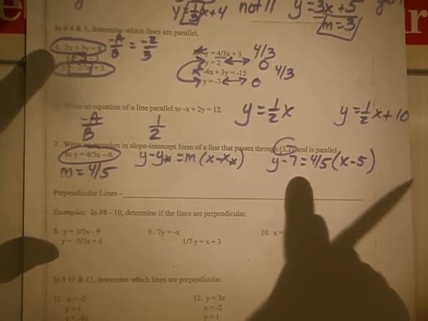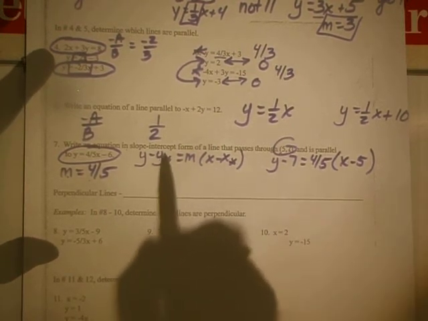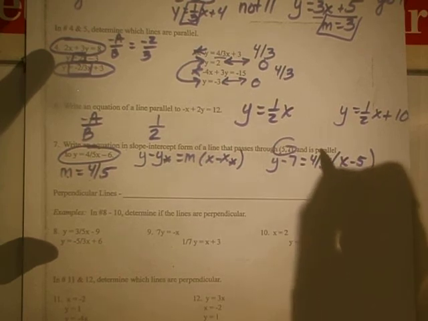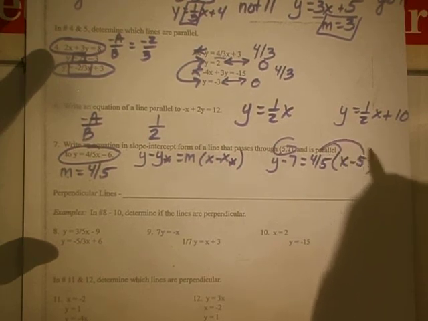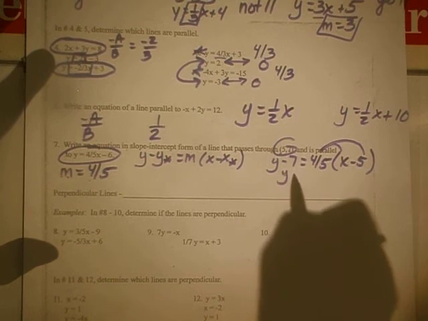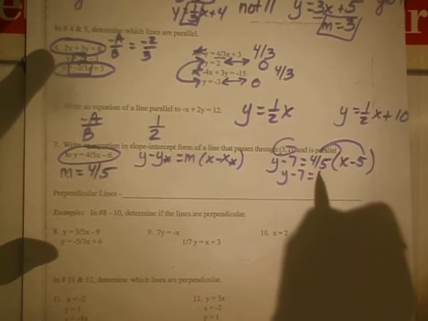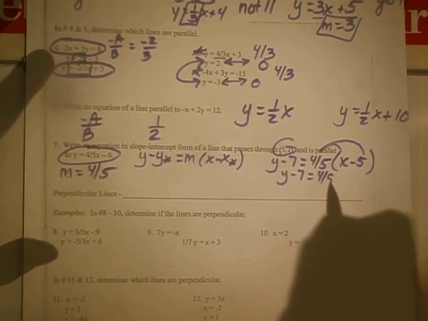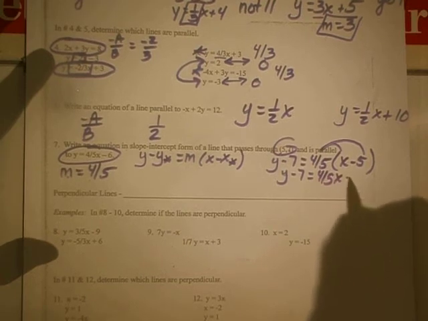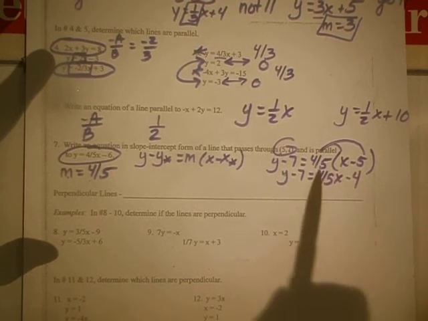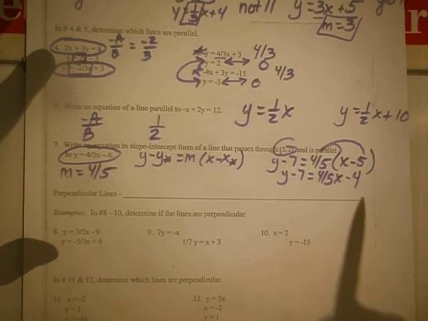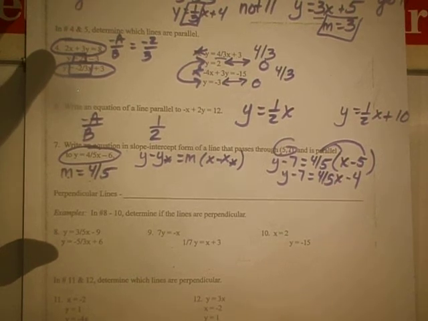This is point slope form, and we were asked slope intercept, so we need to distribute, and we would have y minus 7 equals 4/5 x minus 4. 4/5 times negative 5 is a negative 4.